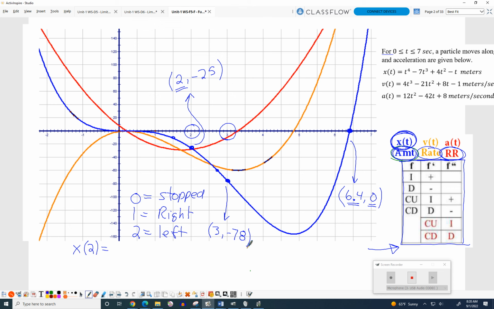What is the negative 78 telling us? Let's go, Kennedy Bennett. And the negative 78? It's the position at that time. The particle's moving, time's going by as it moves. At time equal 3, the particle's over here on the left, 78 meters from the origin. Questions? 2 for Kennedy. That's what the two numbers are telling you.